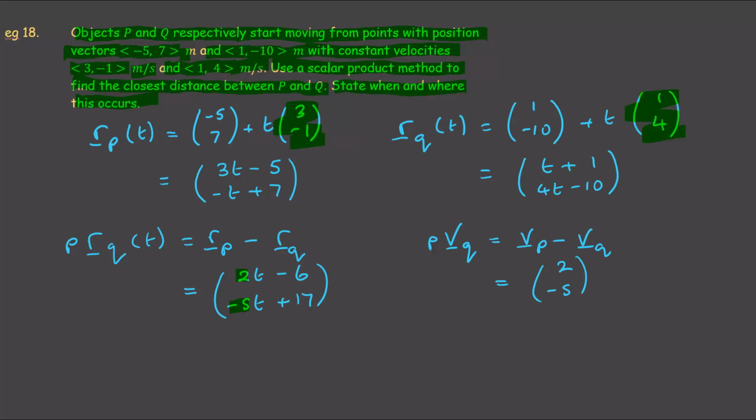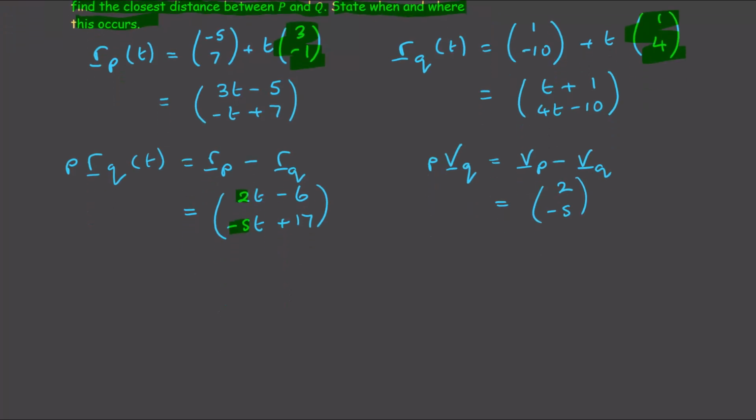And now what we want to do is dot those. So we get (2t - 6, -5t + 17) dot (2, -5), and we're interested in where that is equal to 0.